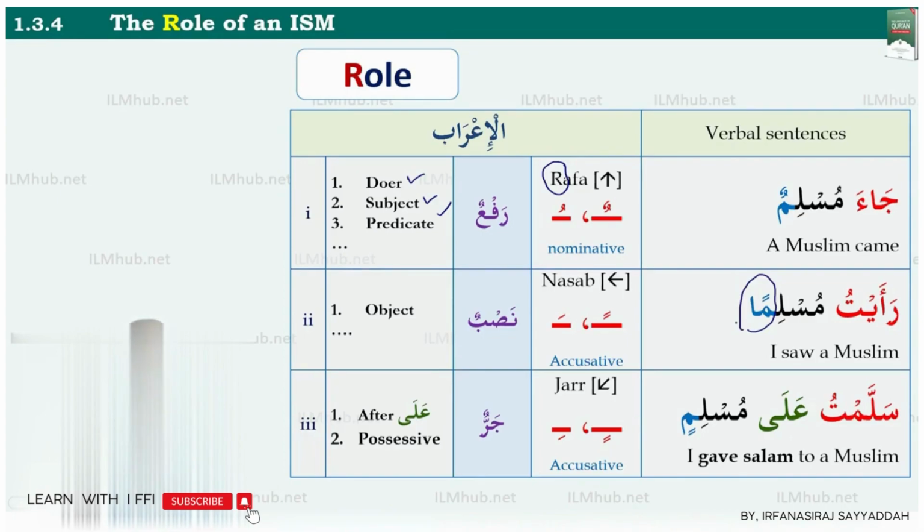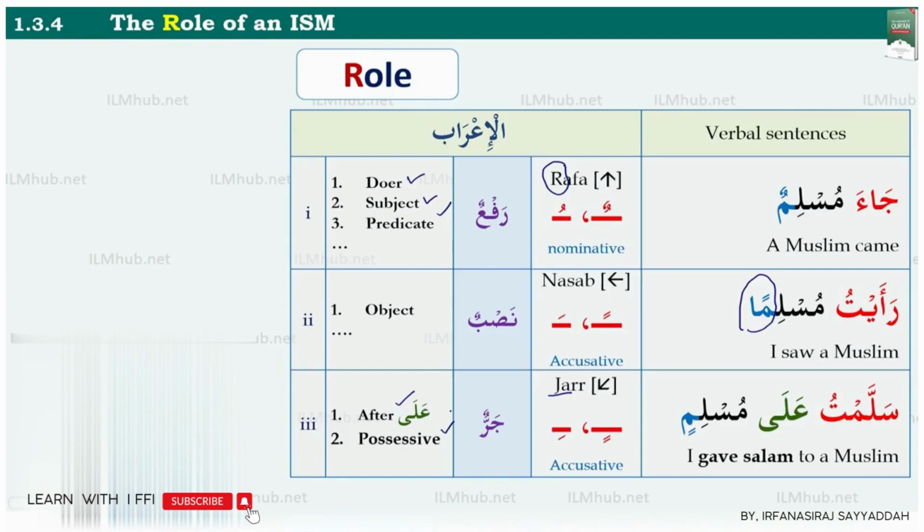Jar, essentially there are only 2 reasons in Arabic, only 2, when an ism can be in the status or in the state of jar. So they are, one, when they come after a preposition like ala, or two, when they're possessive, both of which we've seen some examples of. And inshallah ta'ala, we'll cover them in detail in lesson number 8, 9, 10, and 11. So these are the basic points that you need to know.